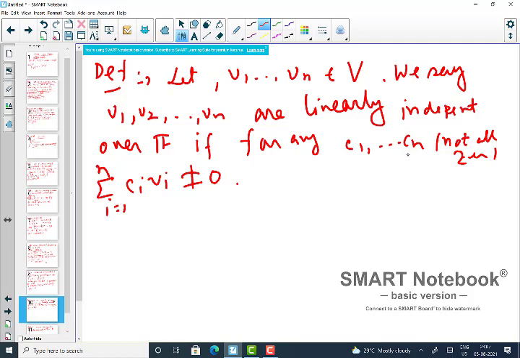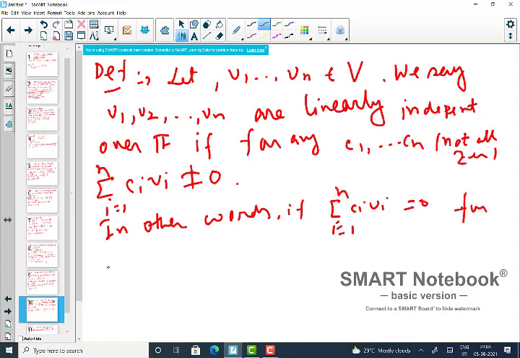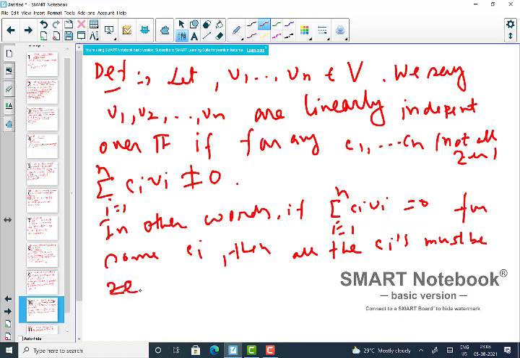So in other words, if summation ci vi, i equal to 1 to n, equals 0 for some ci's, then all the ci's must be 0, identically the zero scalar, the zero number.